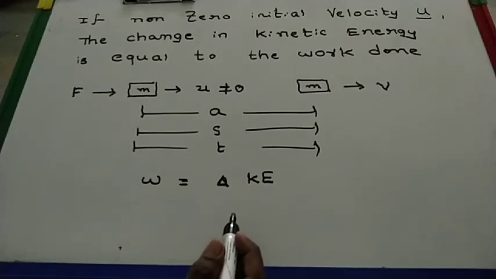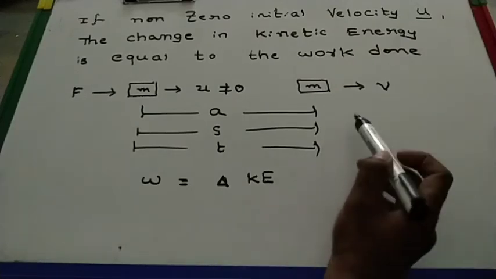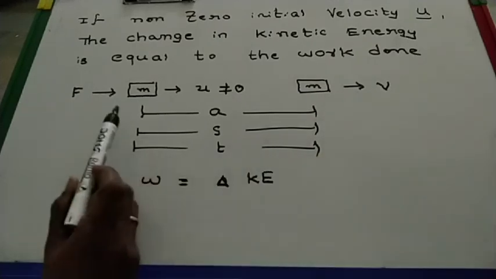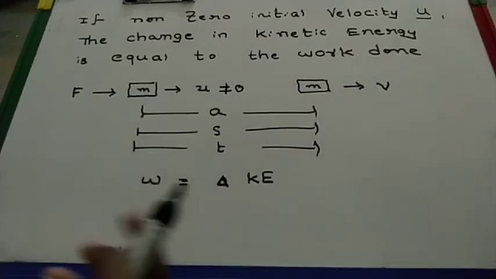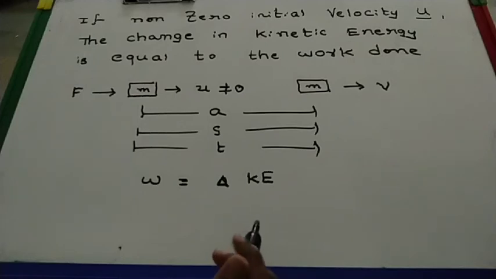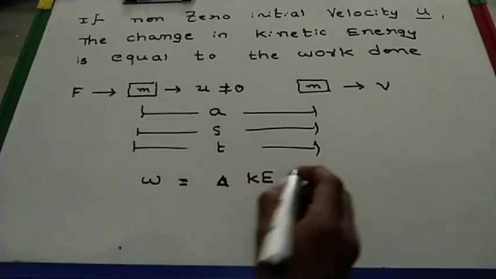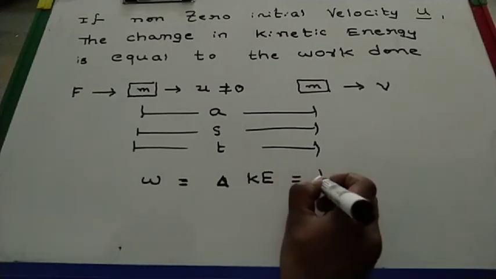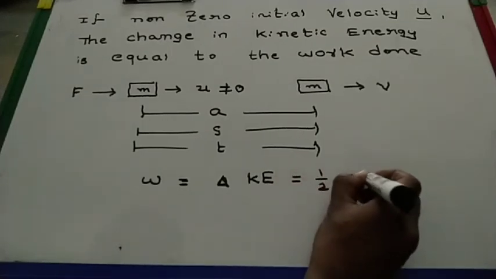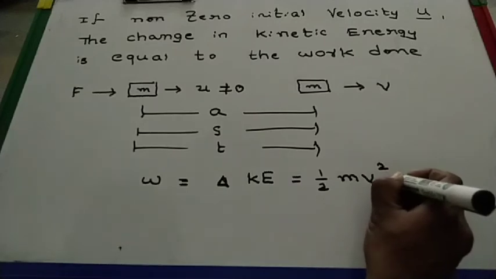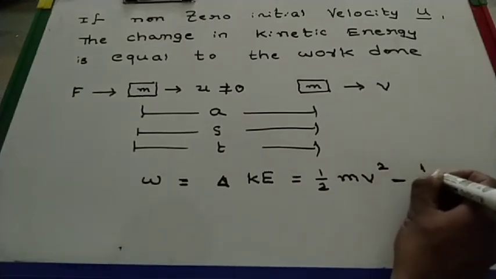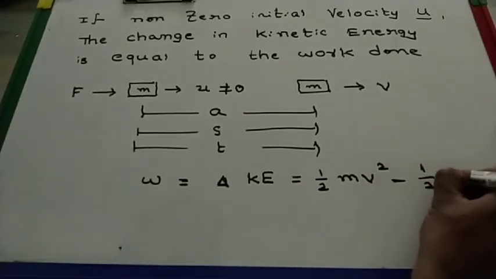Small change means final kinetic energy minus initial kinetic energy. That is equal to 1 by 2 m v square minus 1 by 2 m u square.